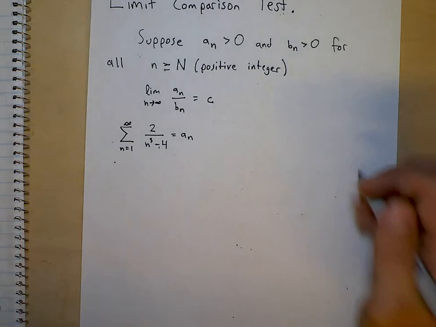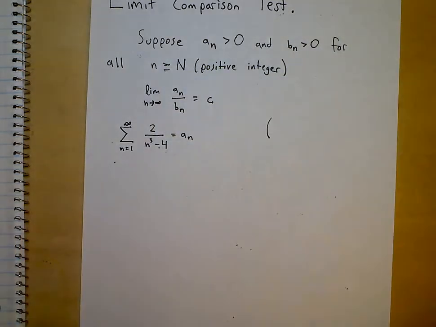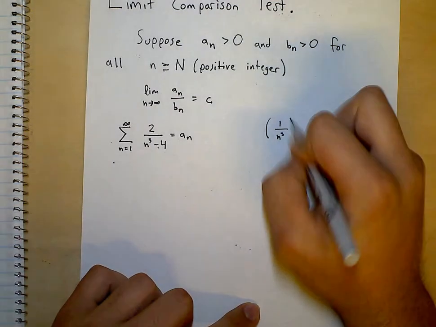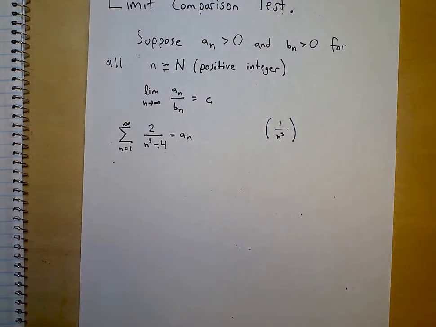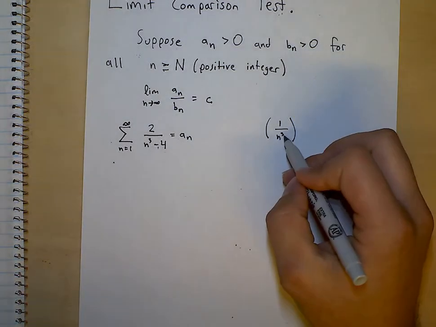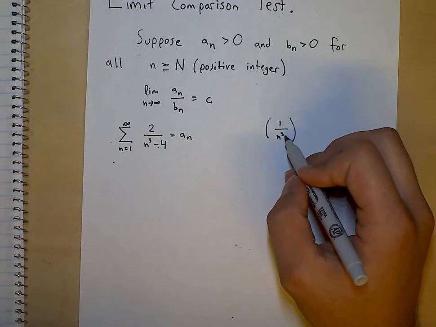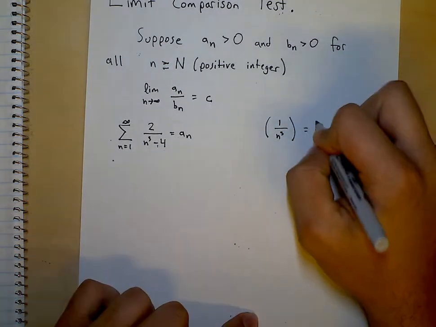So we can kind of disregard the 2 because you know from the p-series that the numerator doesn't necessarily matter as much as having an exponent in the denominator that is greater than 1 in order to converge. So let's call this b sub n, 1 over n cubed.